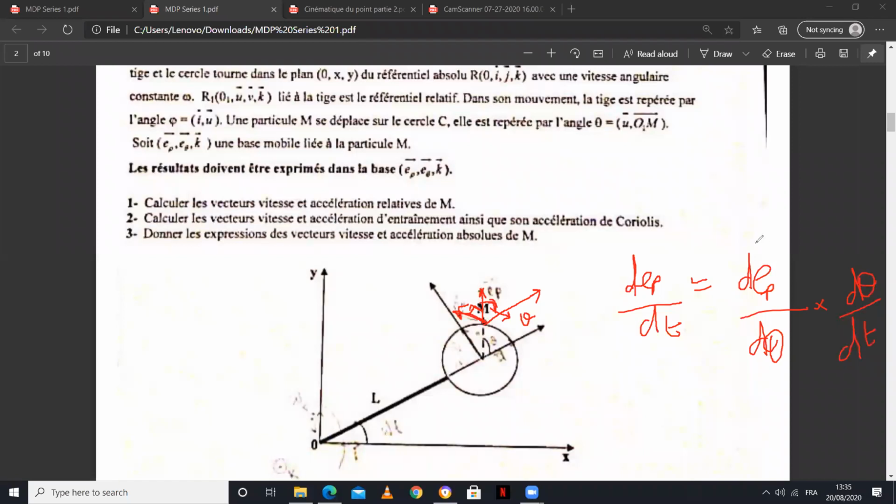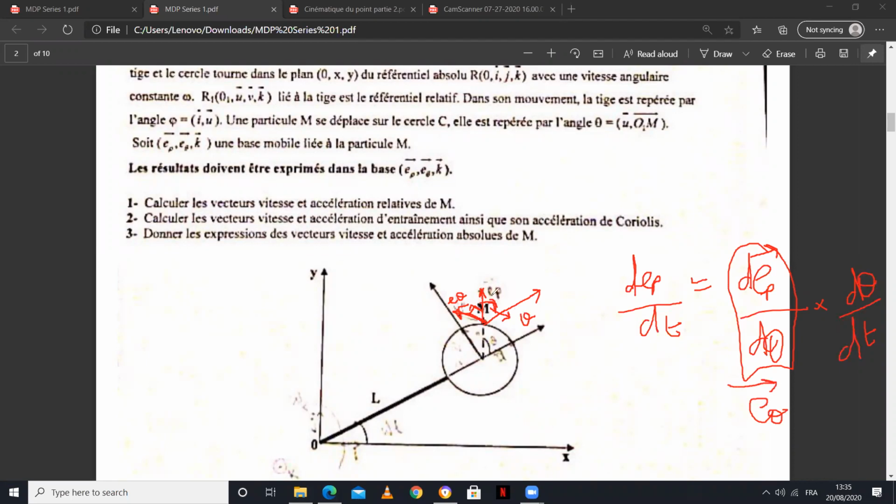So for this component here, we say it's like we are rotating this vector e rho by 90 degrees. If I rotate this e rho by 90 degrees like that, it's going to rotate into this e theta there. And that's why the answer there is going to be e theta, like that.